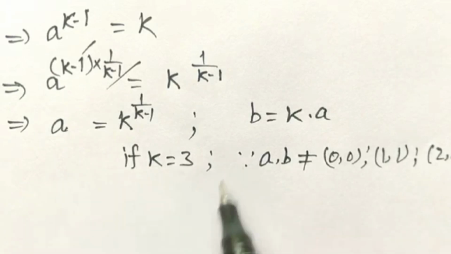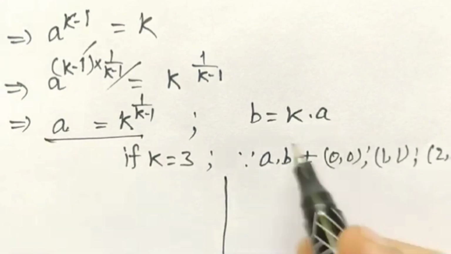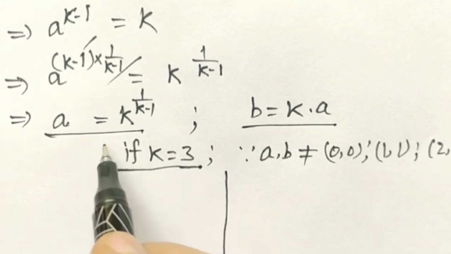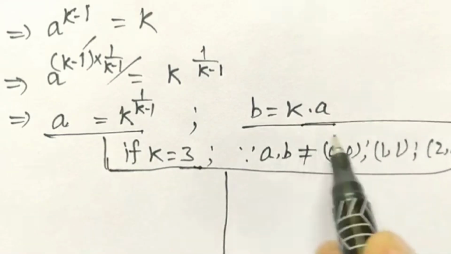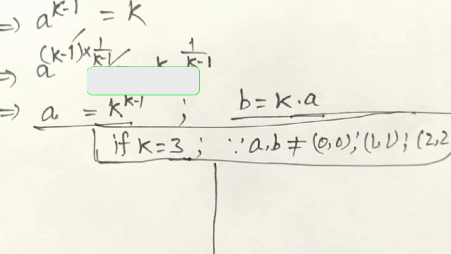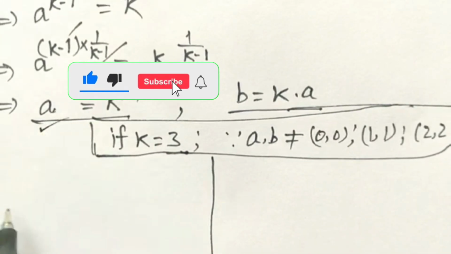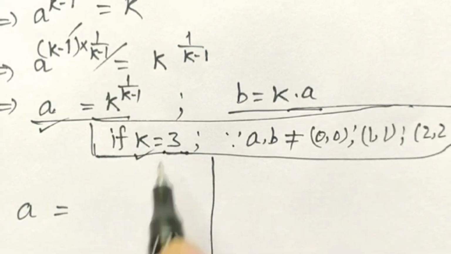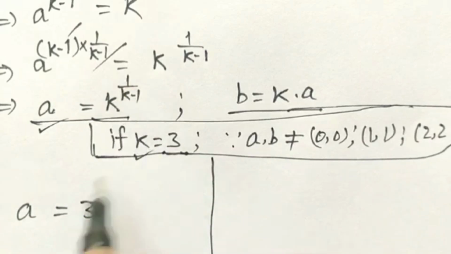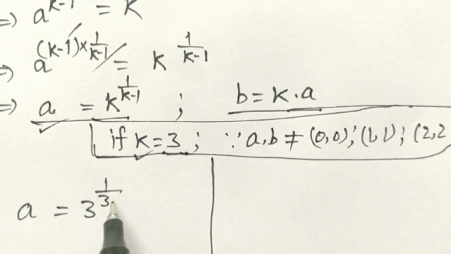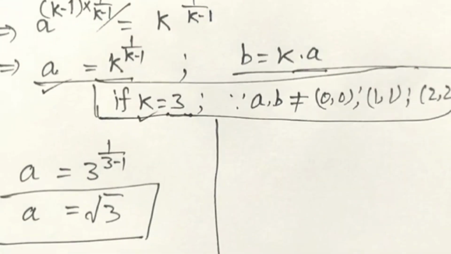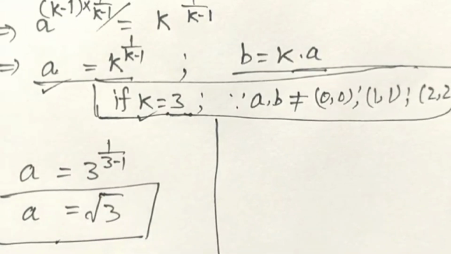So we are taking k is equal to 3. A is equal to 3 to the power 1 over 3 minus 1. So a is equal to square root of 3.